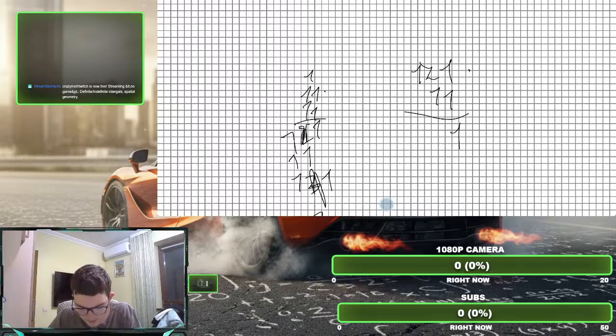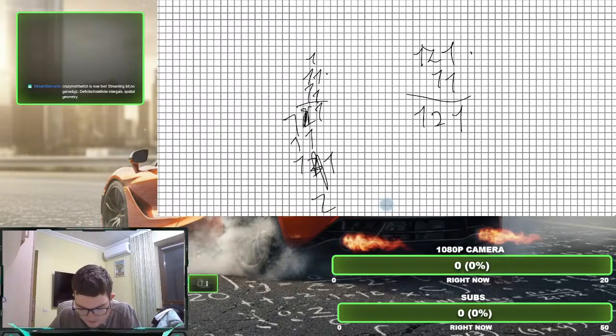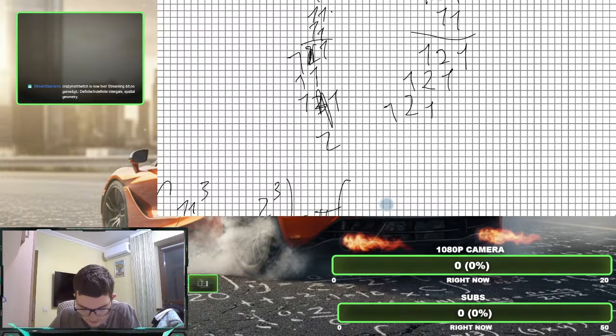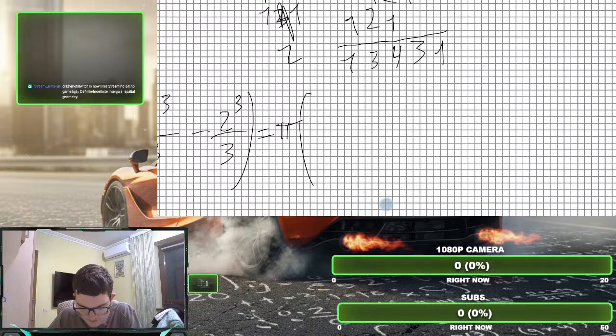We have 1, 2, 1. 1, 2, 1. What are these numbers? 1, 3, 4, 3, 1.